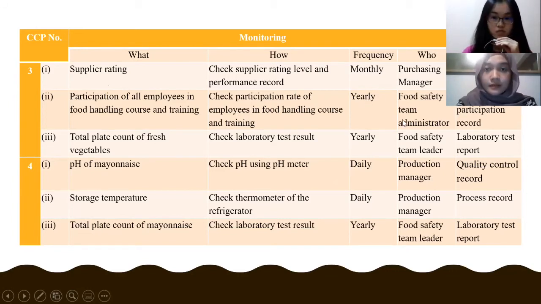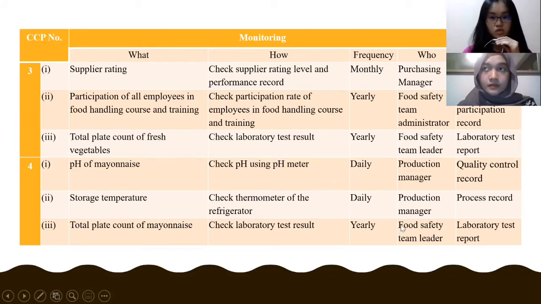And then the food safety team leader will also monitor the total plate count of fresh vegetables by checking the laboratory test result every year. The production manager will check the pH of the mayonnaise in CCP number 4 by checking the pH using a pH meter every day, and this record will be kept in the quality control record.